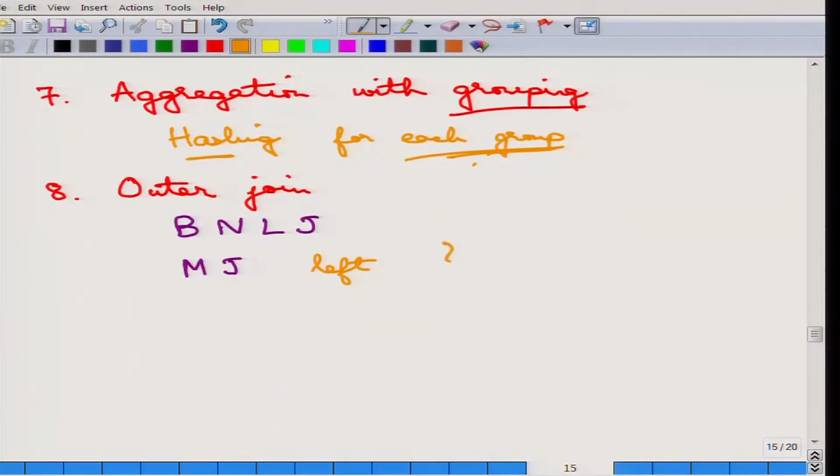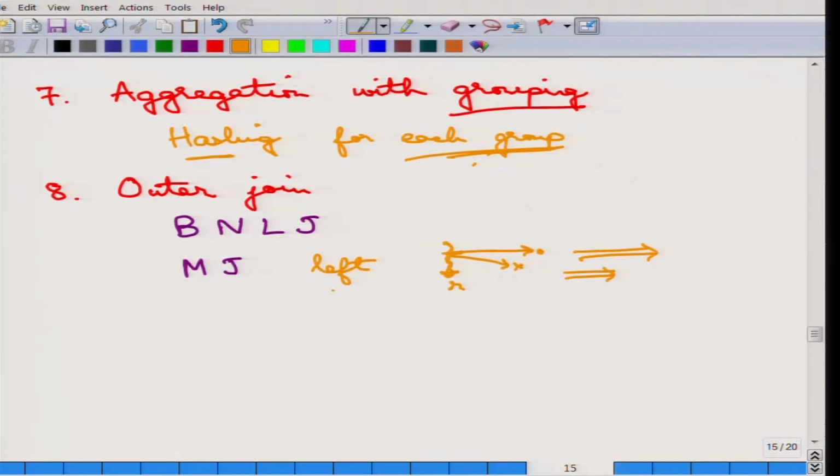When R is being scanned, even if there is a matching tuple in S, this is output. If there is no matching tuple, even then this is output. So when R is being scanned, it is made sure that everything on the R side is output. So the merge join can also be handled.